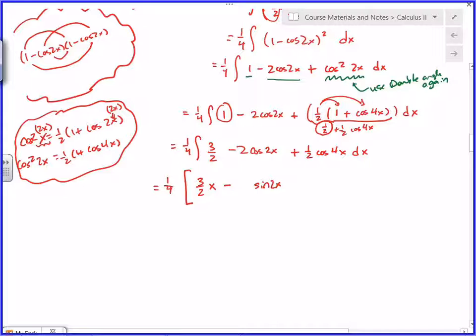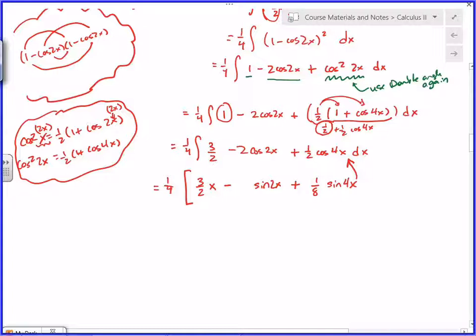All right, let me follow that same argument on this next one. I know it's going to be plus. The integral of cosine is sine of 4x. But I need something right here that when I multiply by 4 gives me a 1/2. So I'll put a 1/8 there. Because when I take the derivative of this, I need to get 1/2 cosine of 4x. So sine of 4x times 4 needs to equal 1/2.